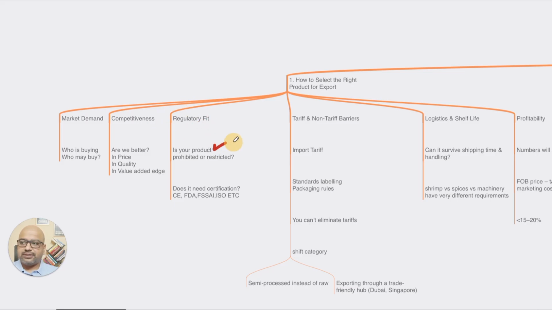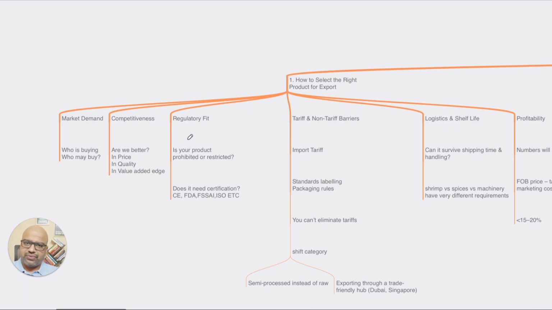And the next thing is you need to look at the regulatory fit. One is the product should not be in a prohibited or restricted category. Restricted is somehow manageable because you need an additional license for it, right? But when it comes to prohibited, then it's no deal. You cannot do it. For example, there are a few elements or materials that are not good for human health, like drugs.